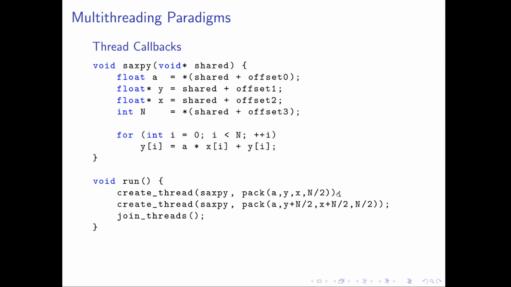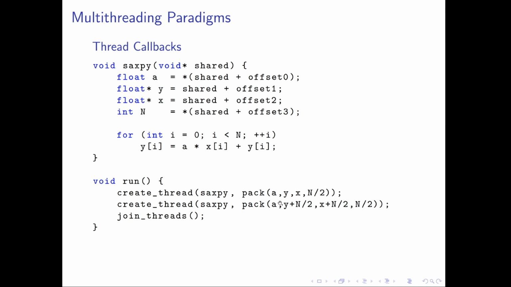This pack operation here indicates how the data is distributed. Each of the threads operates on half the vector size here, so when this thread loads its vector size from shared memory, it will actually have only half of the n, and not the whole vector that it operates on.